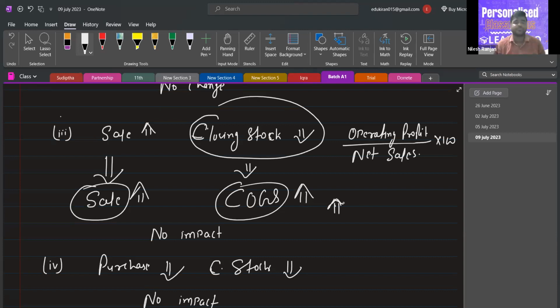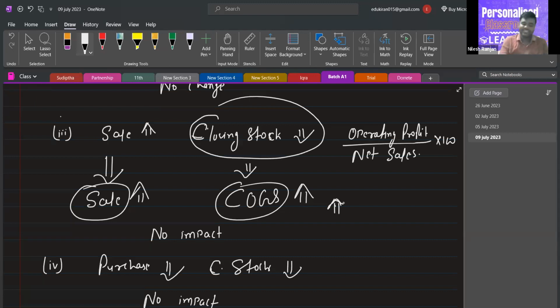Yes, sir. So what will be the impact on operating profit? So operating profit will reduce. Operating profit will reduce. No, so it will increase.